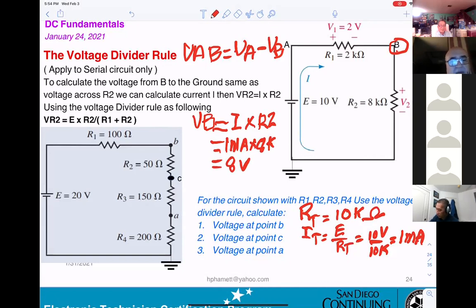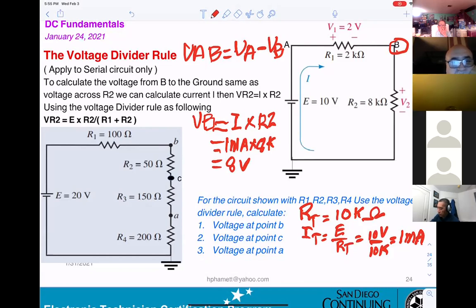I said VB means from B to the route. That means the voltage across the R2. So you just take I times R2. You already know I. You know R2 is 8K. That's why I get VB equal 8 volt.